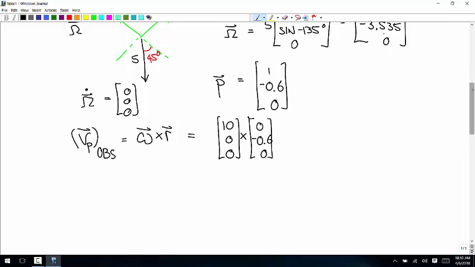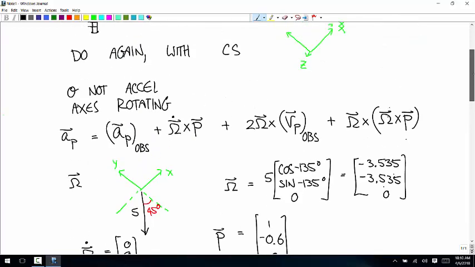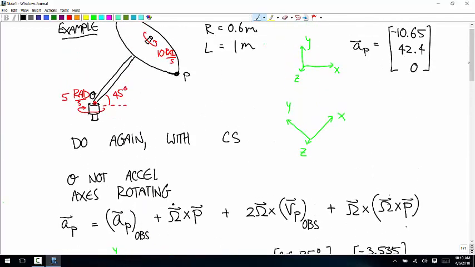So for lowercase omega, our coordinate system is rotating with the arm. So our coordinate system doesn't see the 5 radians per second rotation. All it sees is the disk spinning around like that. Origins don't matter for angular velocity and angular acceleration. We're just talking about how quickly that orientation is changing.